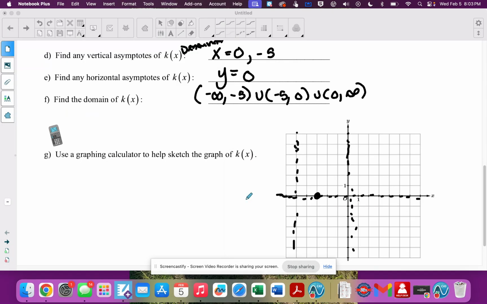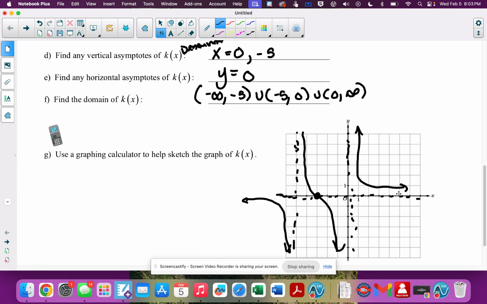We have one piece out here. We have the one piece here. And then we have the one piece here. Okay, if you were asked to do this without a graphing calculator, you would just be substituting in some numbers, like think about when we were doing the inequalities, you'd substitute some numbers in that were less than -5 to see if it's positive or negative, right? So you would know it's down here.